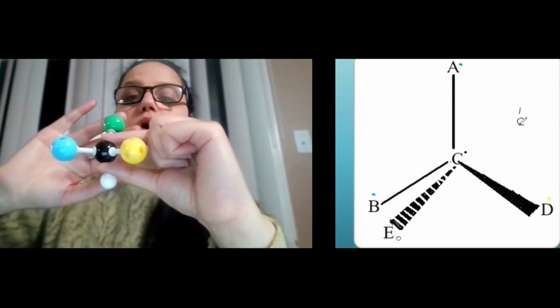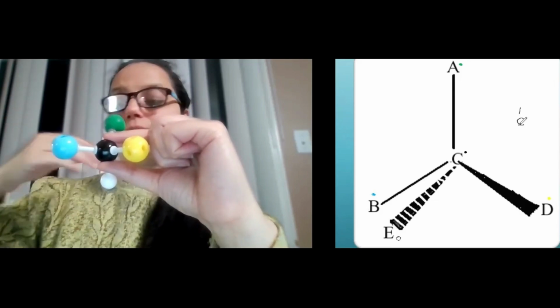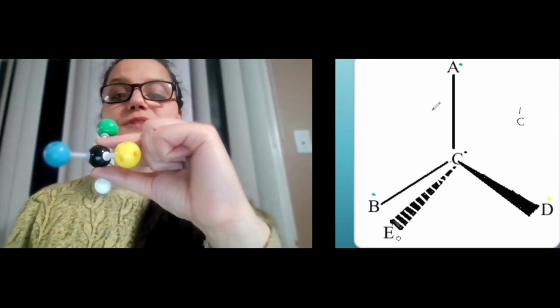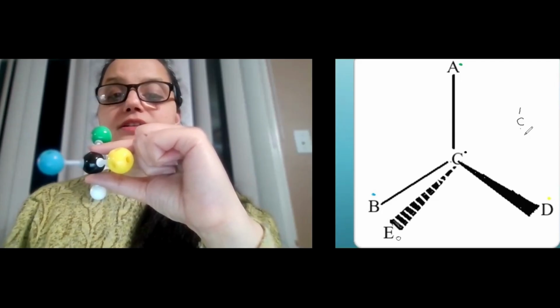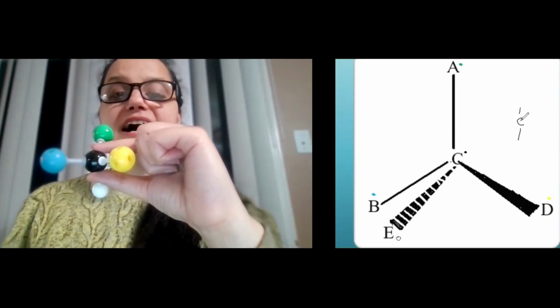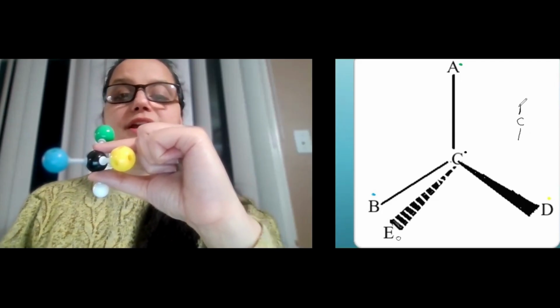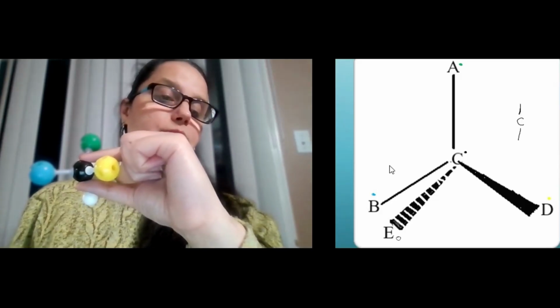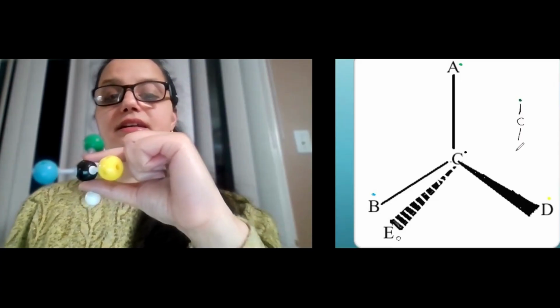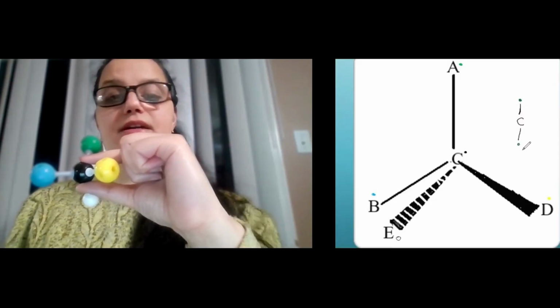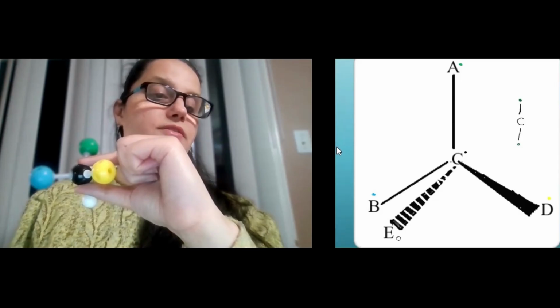These 2 are going out of the plane away from the observer, and they will be represented on the vertical line around the carbon. On the 2D surface, they will be represented on the vertical lines. So over here, I can represent this green ball, and then over here I can represent this white ball.